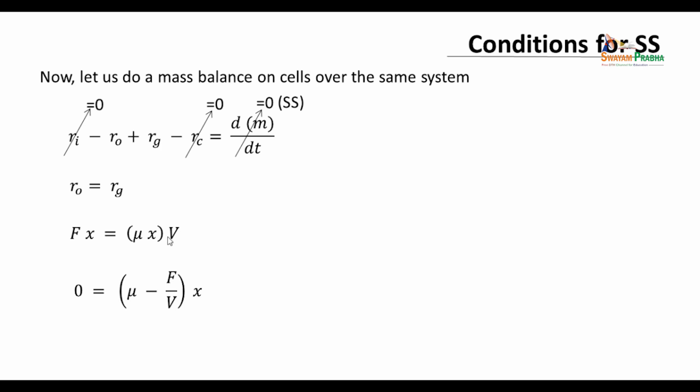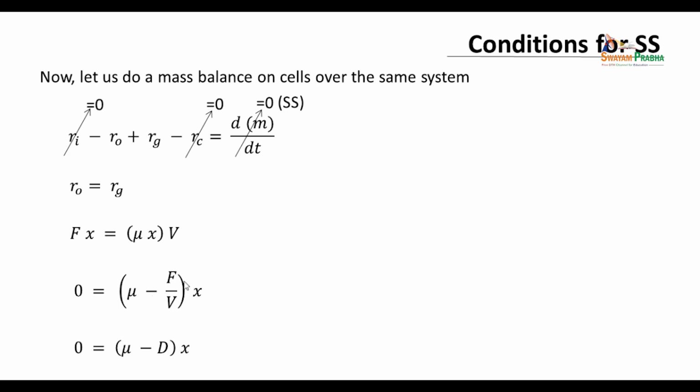So if we transpose this equation and take x common out, we will get mu minus F by V times x equals 0. You can see this. Mu x V minus Fx equals 0. So you take x common out and divide by V. So here you have only mu left, here you have F by V, times x, so that equals 0. So if the product of these two terms equals 0, then that is possible only if either of these terms is 0, or if both the terms are 0, right.